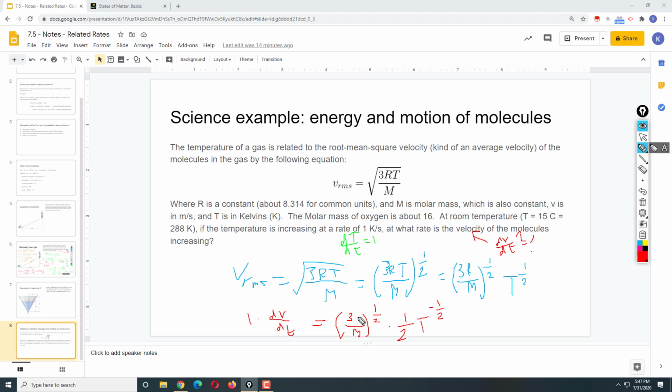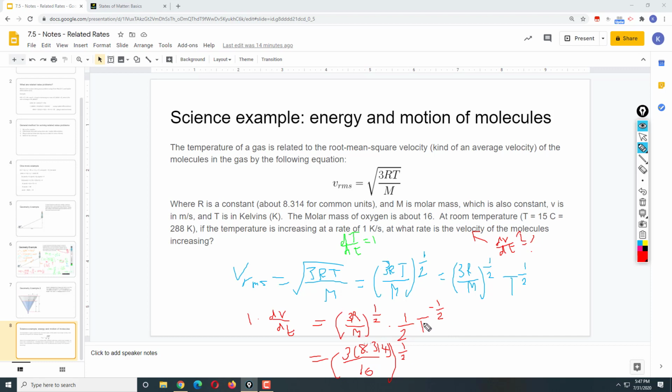Step 3, we plug in numbers that we know. We're looking for dV over dt over here. So we have 3 times R. Sorry, M is 16 and R is about 8.314. So 3 times 8.314 over 16 to the 1/2 power.